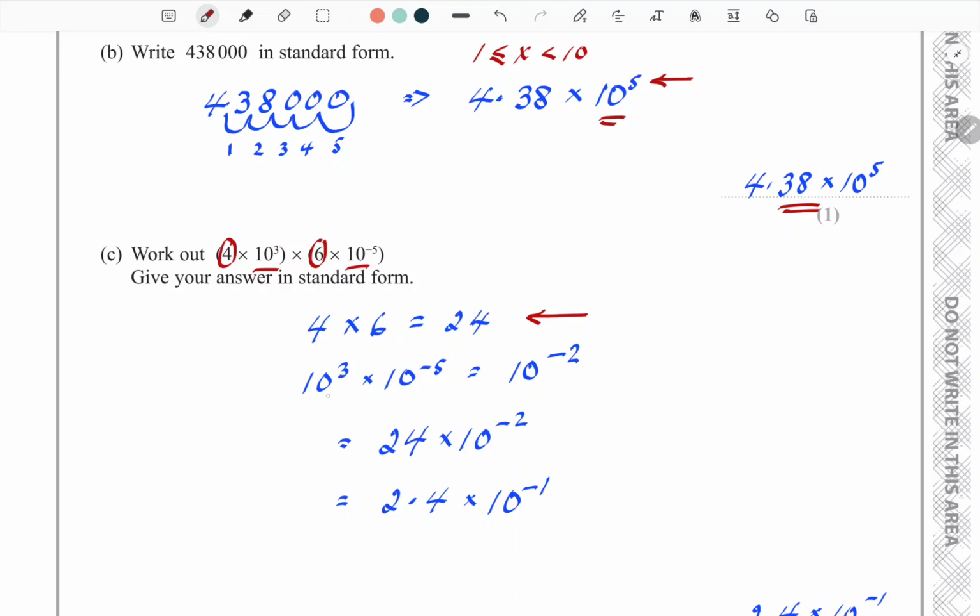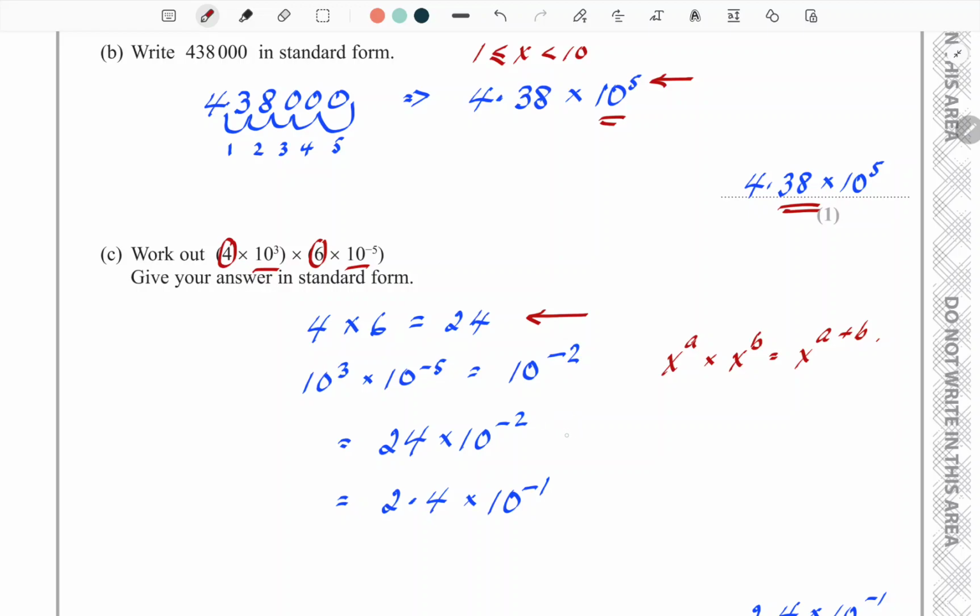That is perfectly allowed. And so 10 to the 3 times 10 to the minus 5 is 10 to the minus 2, because if you remember, x to the a times x to the b is x to the power a plus b. So you're adding the powers, 3 plus minus 5, which is minus 2.